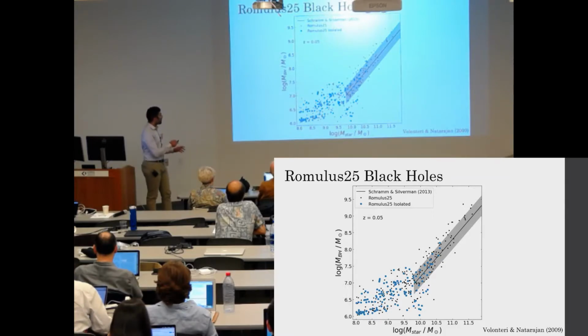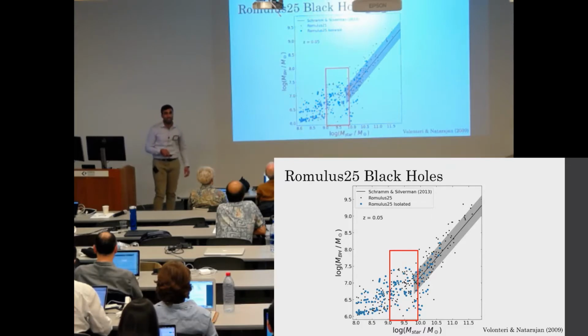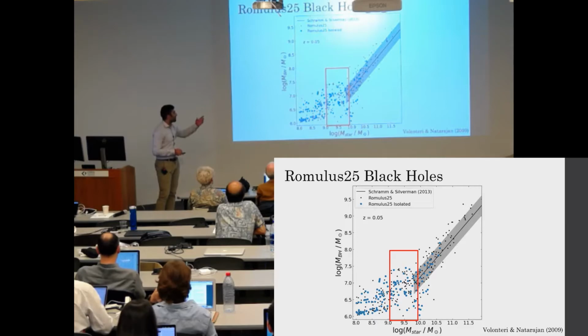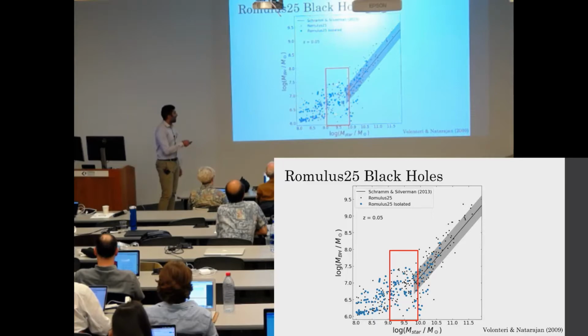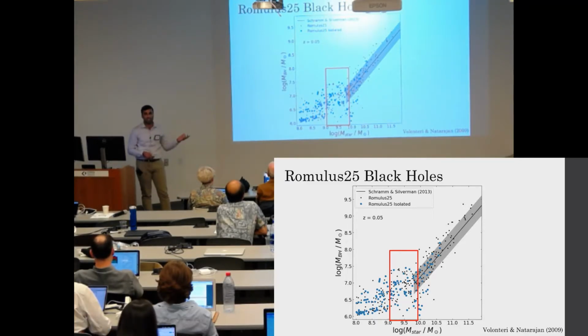What I really want to focus on are these galaxies just below the observed relation. This is a good sample for us to look for properties of the galaxy that the black hole might be able to affect, and perhaps extend, to create predictions for galaxies just below this observed relation.